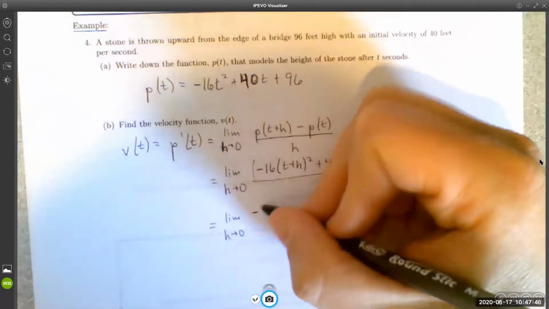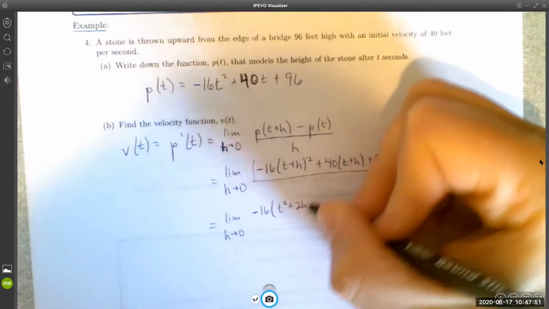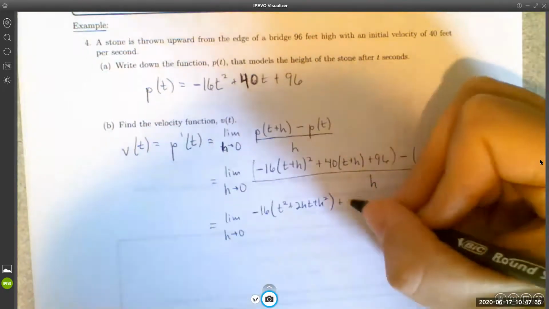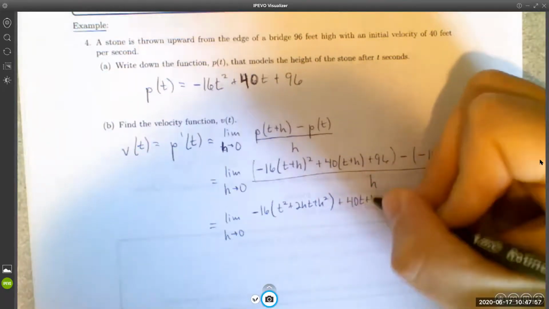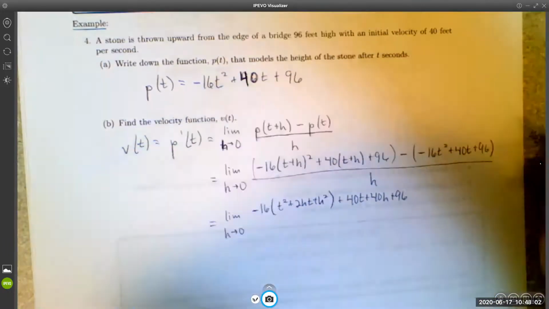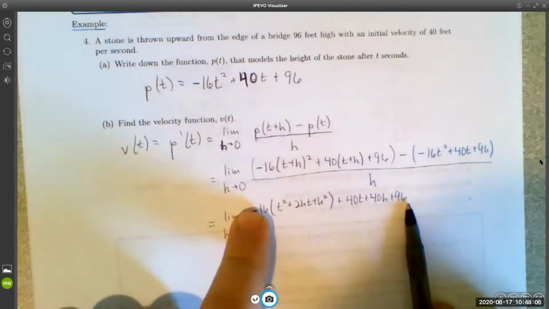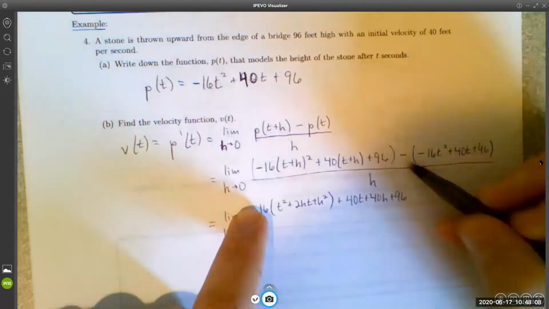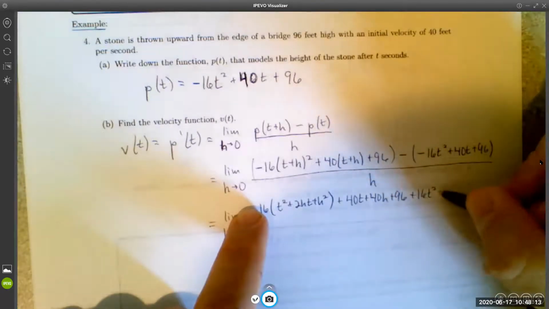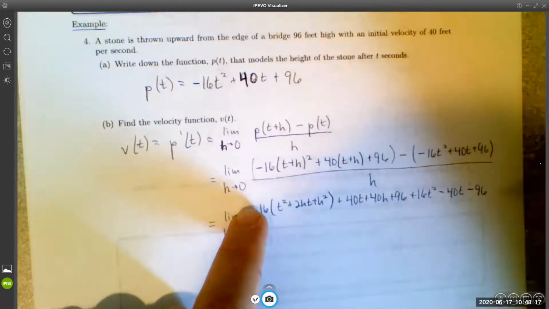I'm going to have negative 16 times t squared plus 2ht plus h squared plus 40t plus 40h plus 96. Okay, you with me so far? So I've gotten to the end of this thing. Now I'm going to distribute this negative sign. So if I distribute the negative sign, I'm going to get a plus 16t squared minus 40t minus 96.